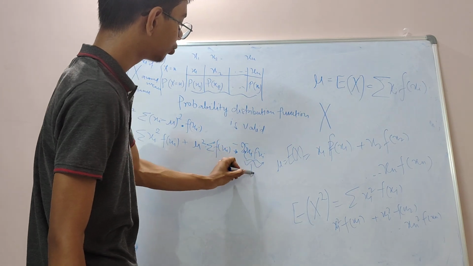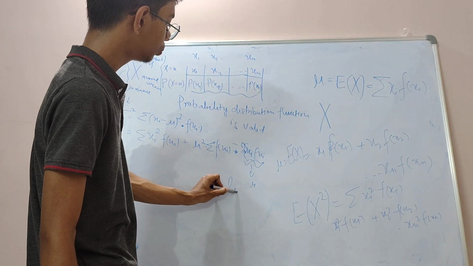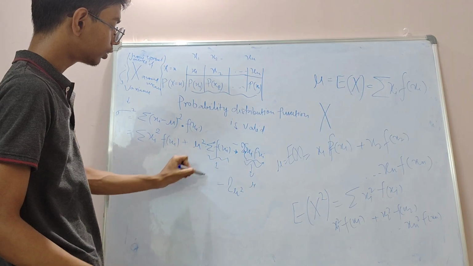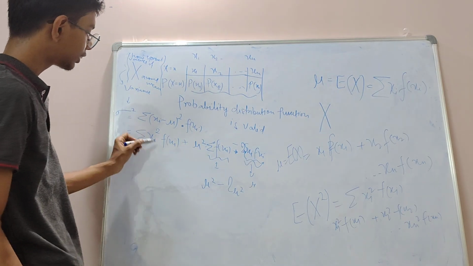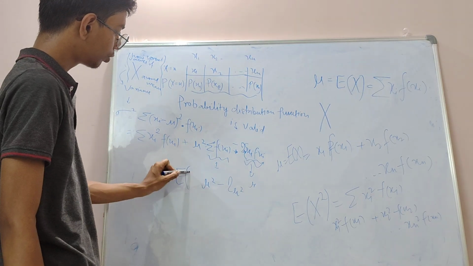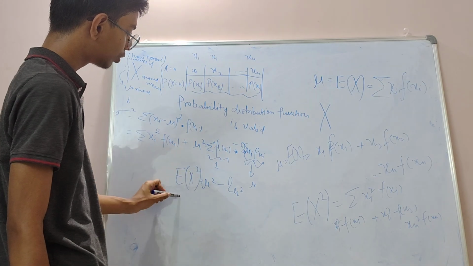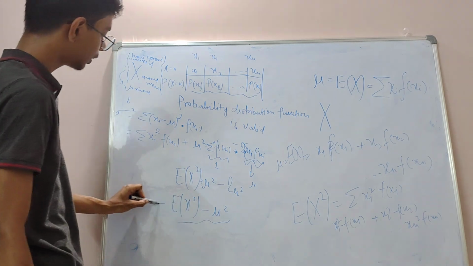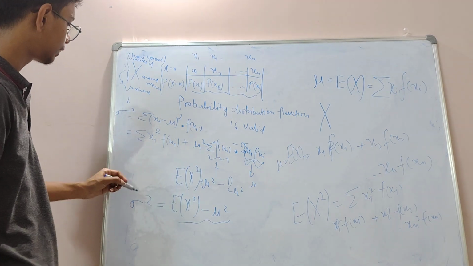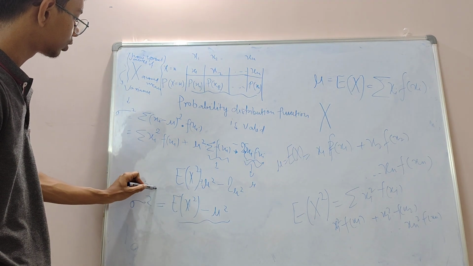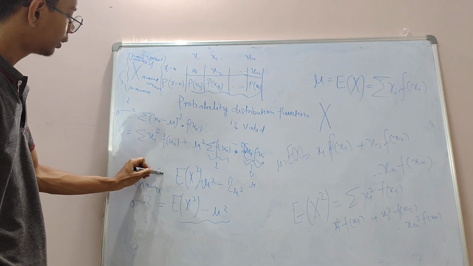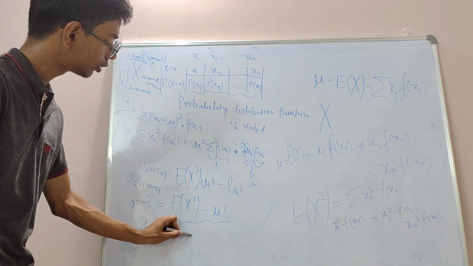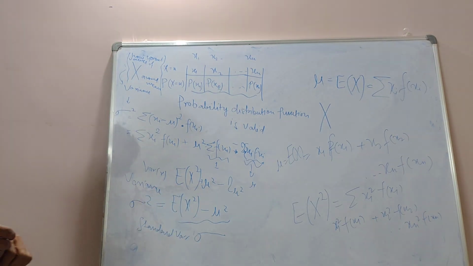So this gives me the mean, so this is minus 2 mu square. The summation of f(xi) gives me 1, so it is plus mu square, and this gives me E of X square. So it gives me E of X square minus mu square. So this is also a formula for my variance, and the standard deviation is given simply by sigma, right?